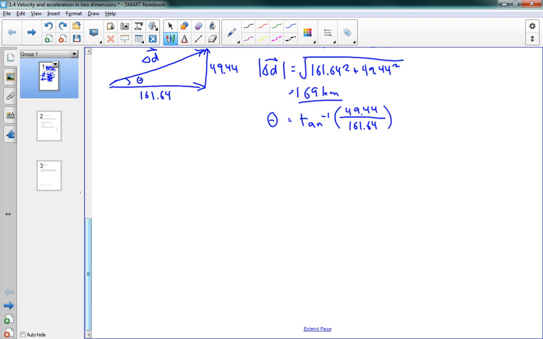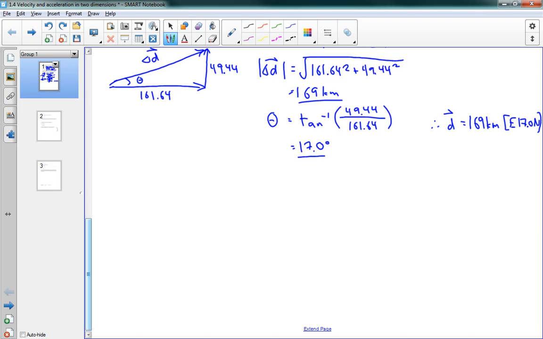And this will give us 17.0 degrees. So that means that I can put over here, therefore, the total displacement is equal to 169 kilometers east, 17.0 north.